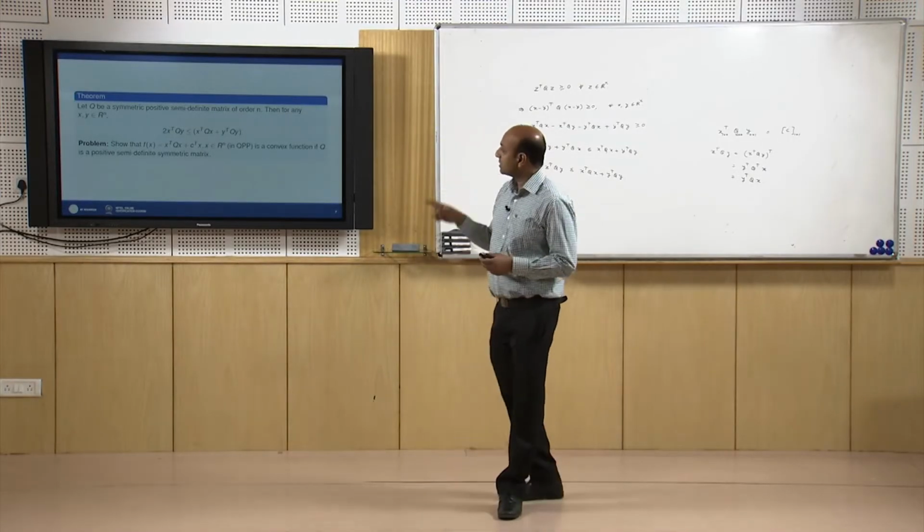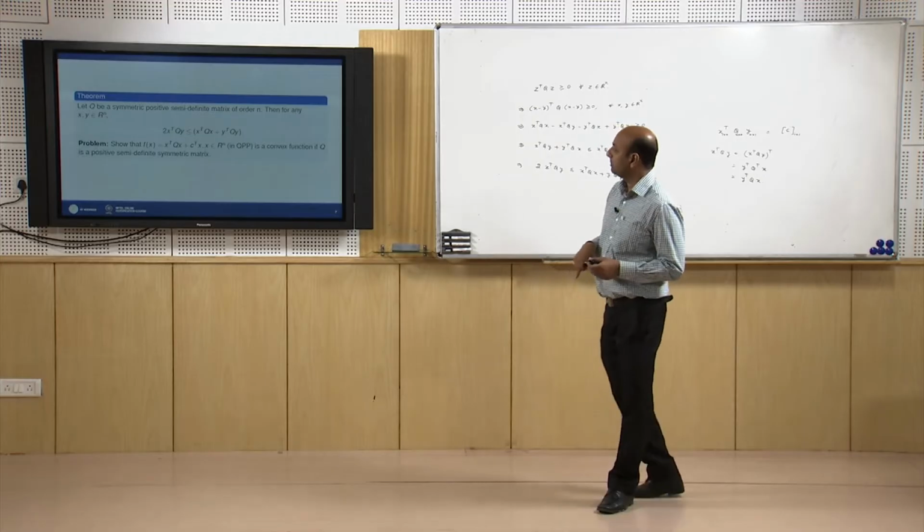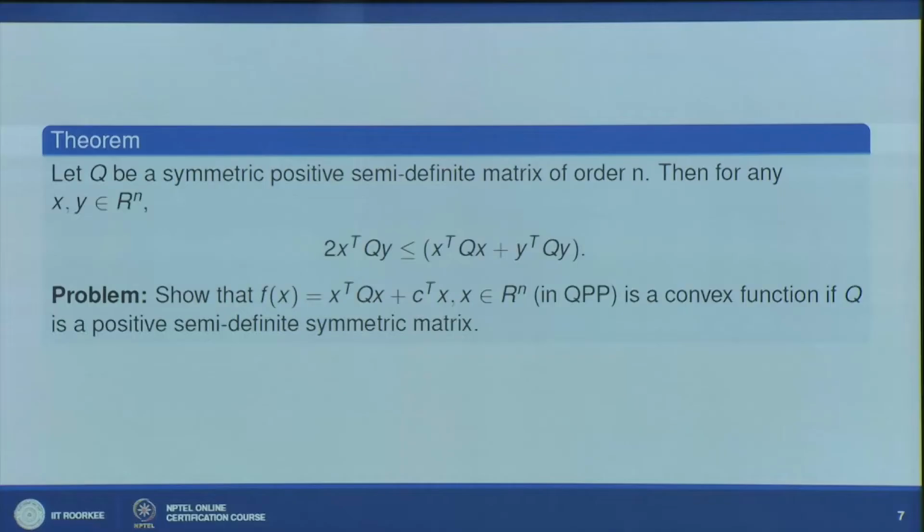Now this result will be used to prove the next problem, that is, show that the function f, where f is x transpose Qx plus c transpose x in QPP, is a convex function if Q is a positive semi-definite symmetric matrix. So how can we prove this? The proof is simple.